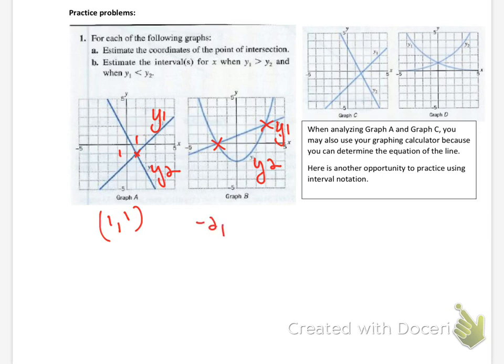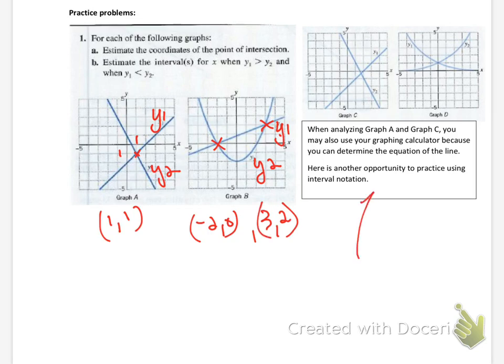So negative 2 comma 0 is the first point of intersection. And then I see that y2 is below y1. And then they intersect again. Let's see if we can count this. 1, 2, 3, and 1, 2. So at 3 comma 2, they intersect again.